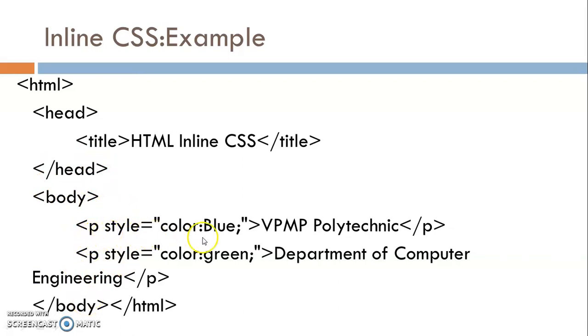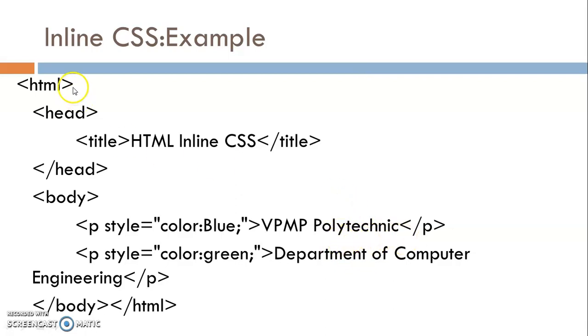The first paragraph contains VPMP Polytechnic and the second paragraph contains Department of Computer Engineering. Now I want to display VPMP Polytechnic in blue color and Department of Computer Engineering in green color. Both p tags contain different property values, so I have to use inline CSS.